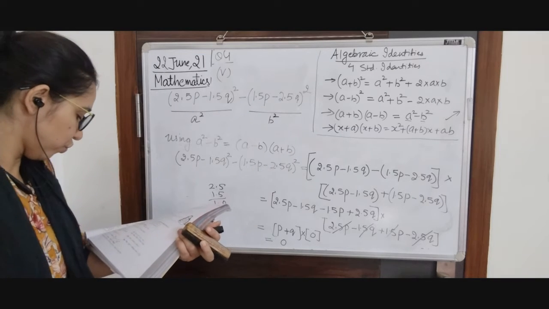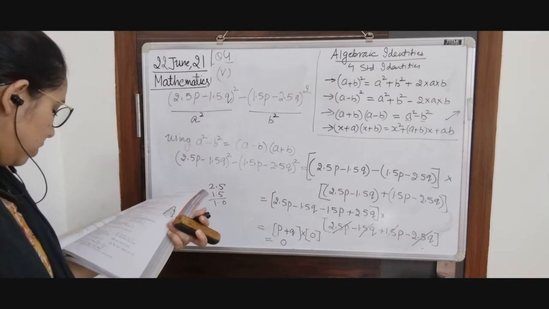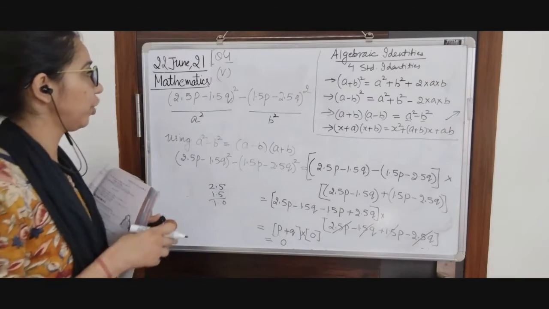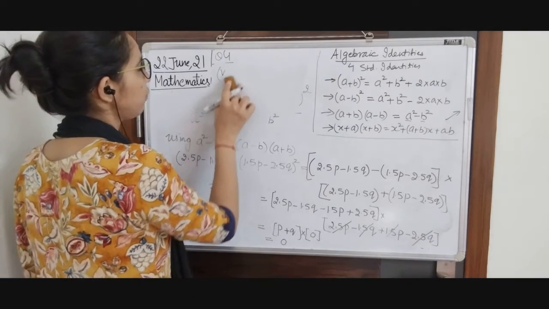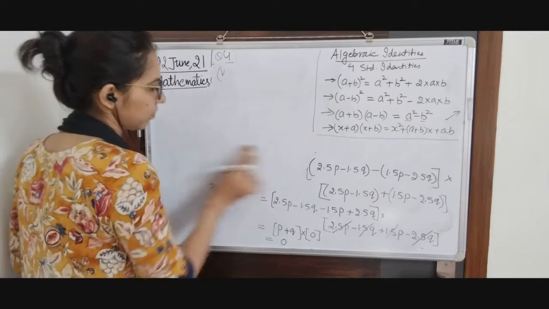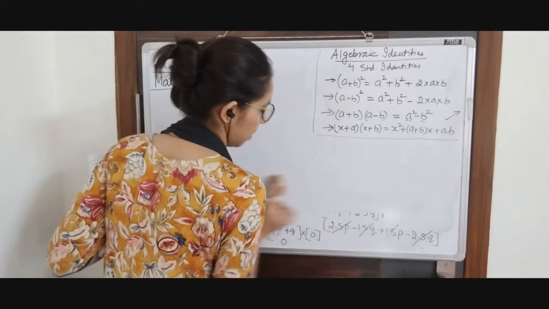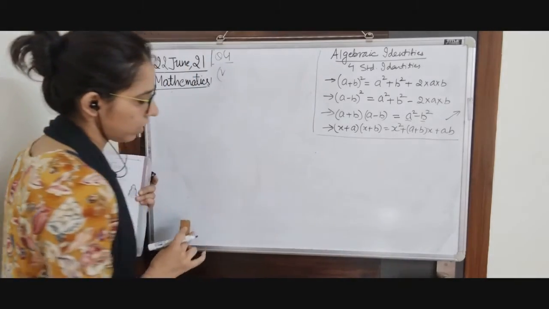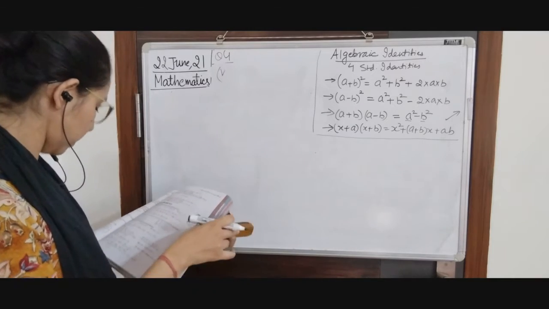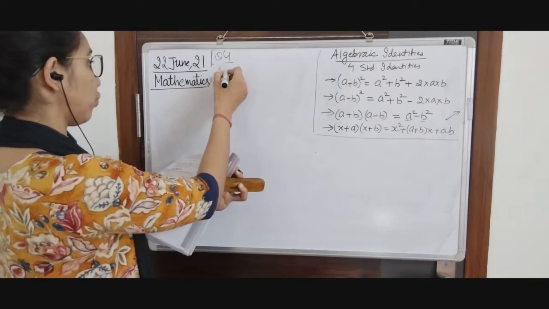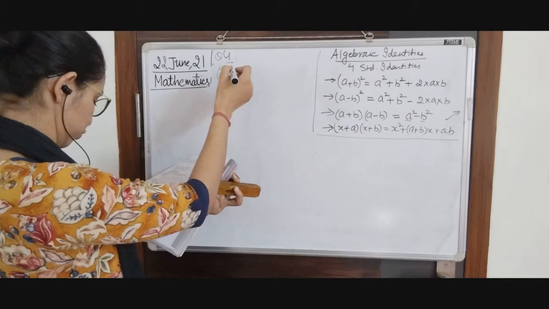Okay, we are going to do one more part. We are going to do seventh part. Then we are going to move to question number 5. I hope till now you are getting a hang of it, that how to solve this question and which identity you should apply.